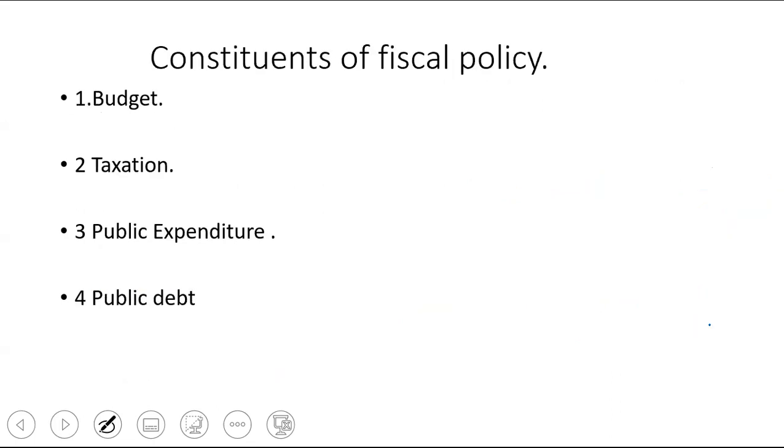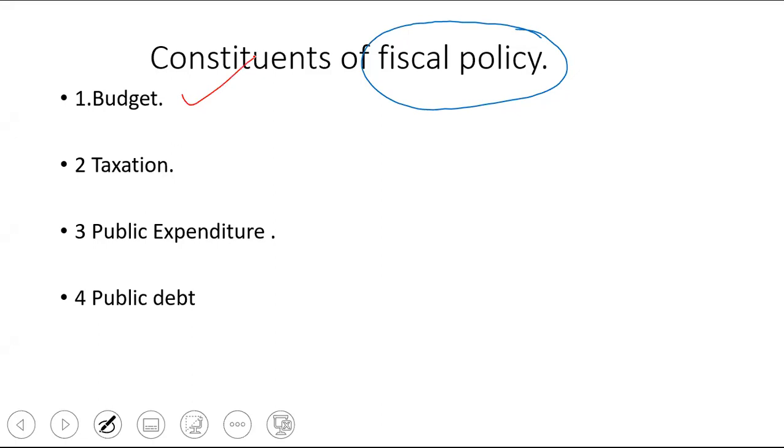We are just seeing constituents of fiscal policy. What all things are included in fiscal policy? I can ask, which of the following is not the part of fiscal policy? Like that question can come. Or which are the part of fiscal policy? So fiscal policy may be first and foremost budget.